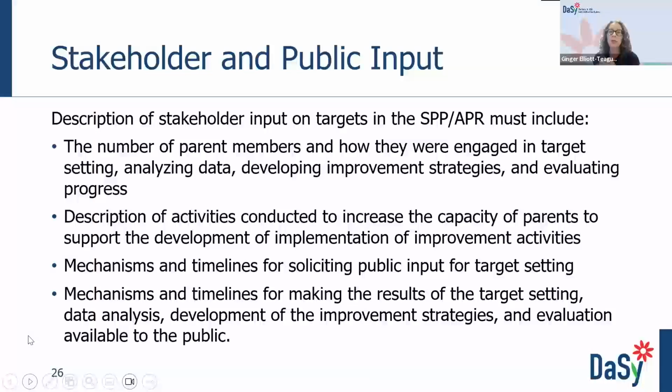But you can include details in each of the indicator sections. So information that they typically request is the number of parent members and how they were engaged in target setting, as well as the rest of the process of the APR. So how were they involved in analyzing data, developing improvement strategies, and so forth. Very important to include families in the process of understanding and improving the overall program.